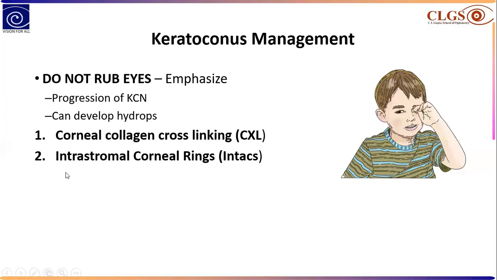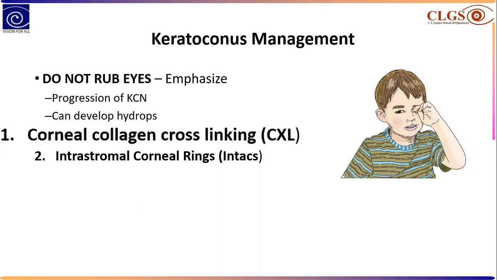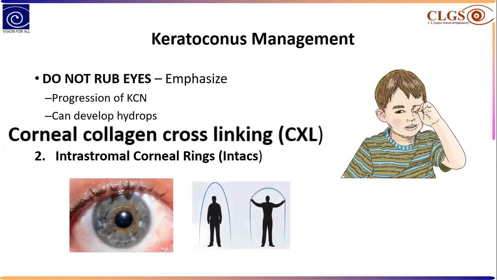Then another management option is intrastromal corneal rings. If you see in this diagram, there is a ring placed in the cornea. In keratoconus, the cornea is very steep.